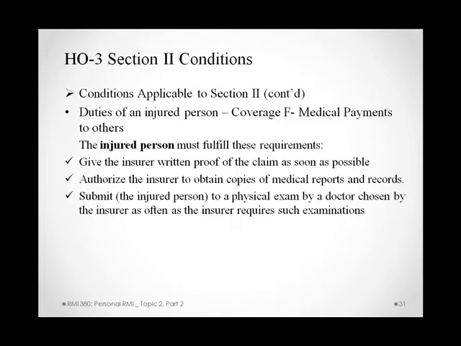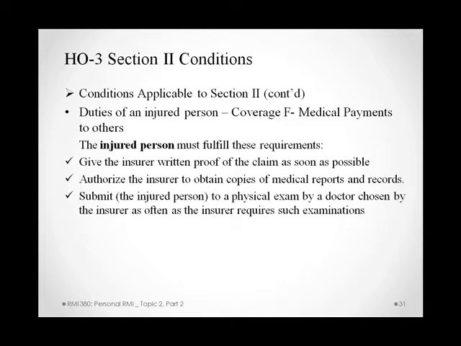Now, you may still remember that medical payments to others is not necessarily a liability coverage because the insured need not be liable. Medical payments to others is there so that the insured can fulfill his moral obligation.